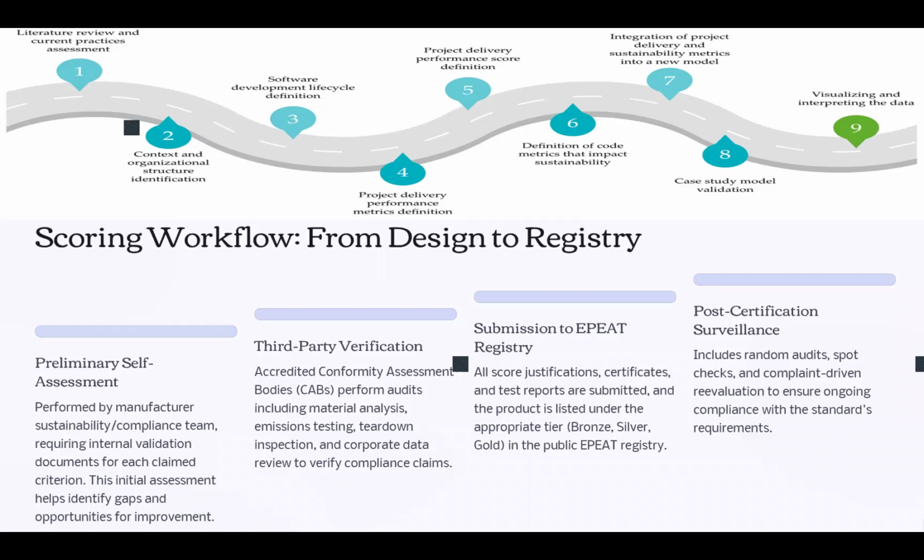The product is officially registered as bronze, silver, or gold, depending on the score. But that is not the end of it. Post-certification surveillance is also a thing. There are random audits, spot checks, and even compliance-driven re-evaluations. This whole process ensures accountability. It helps consumers and procurement agencies trust that the certified products truly meet the environmental claims.